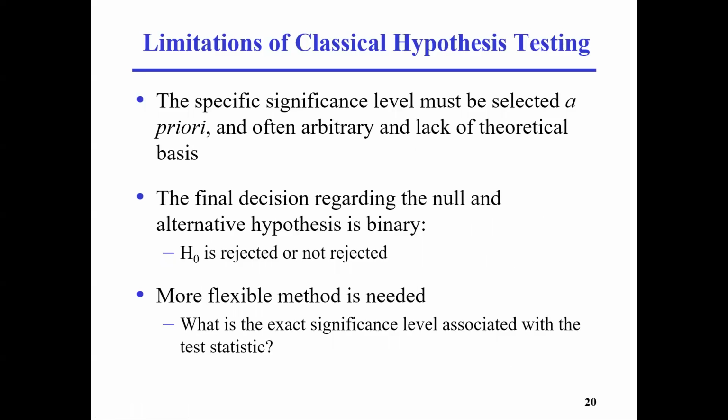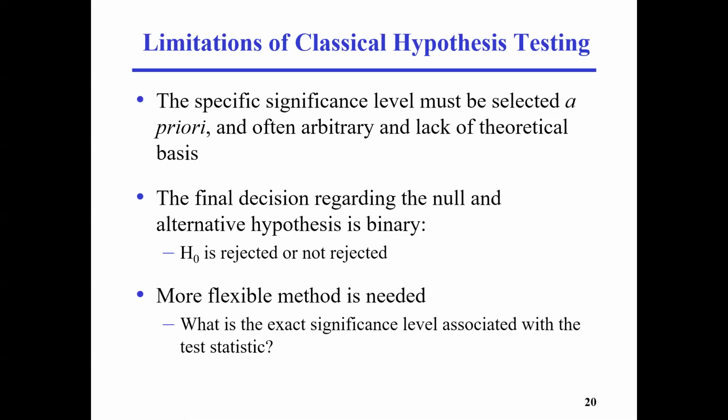Now after talking about the z-test and t-test, let's talk about their limitations. The specific significance level, alpha, must be selected before the test, and it is often arbitrary and lacks theoretical basis.